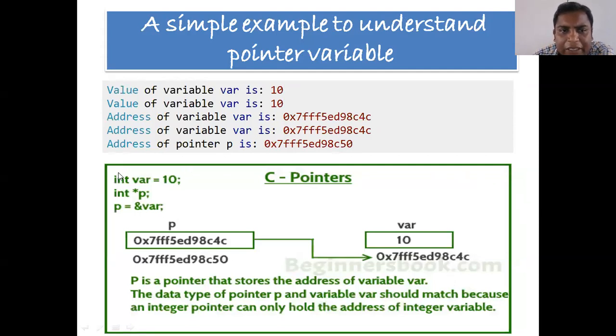So let us understand this concept. Here we have declared a variable var with the value 10, and we are declaring pointer p and initializing pointer p with the address of the variable.